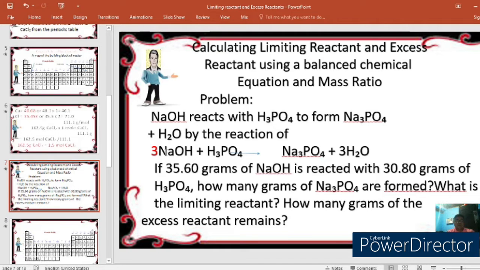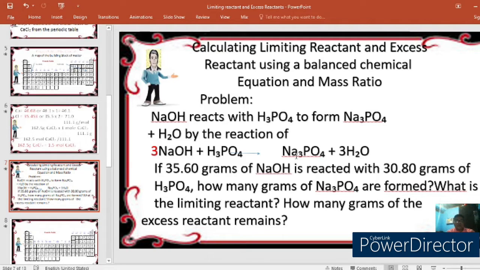Sodium here has a coefficient of 3, so meaning sodium has 3 atoms in the reactants, while in the products sodium has an understood coefficient of 1 times the subscript of 3, that is equivalent to 3. So our sodium has 3 atoms both in the reactants and in the products.